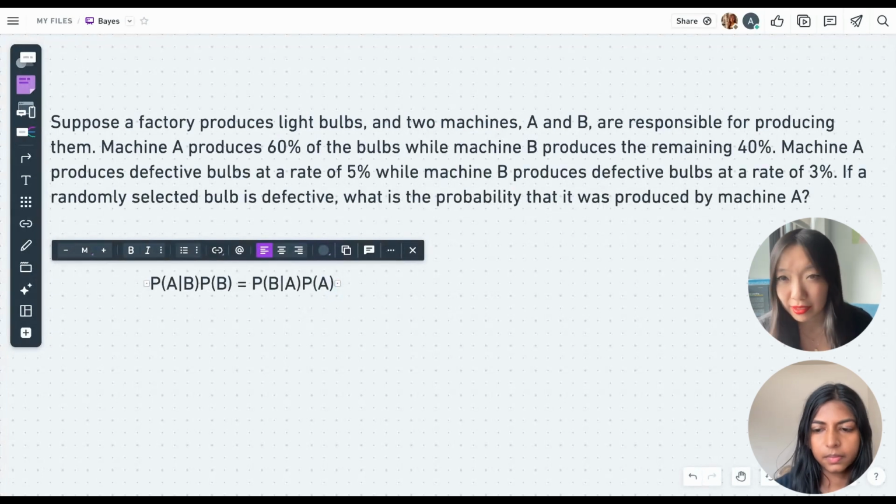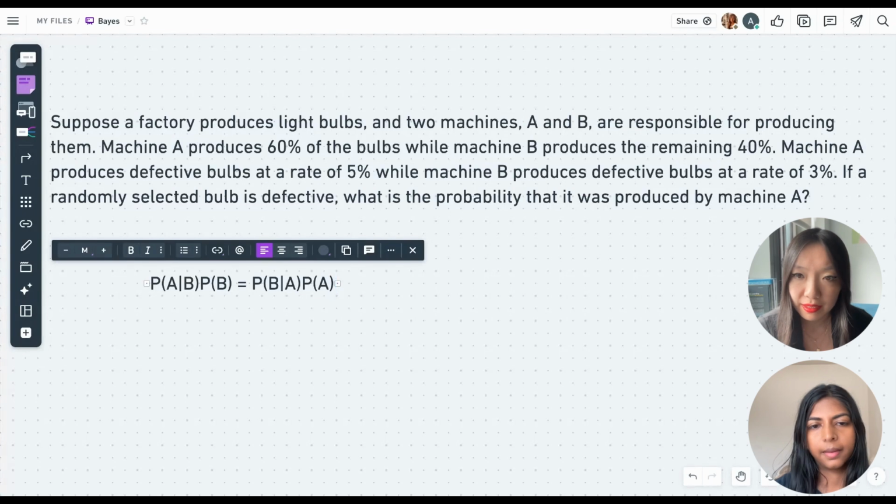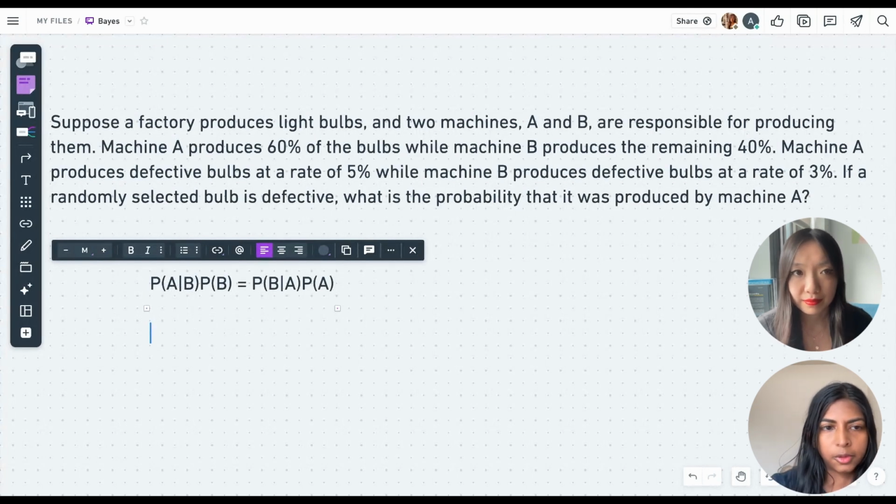And that's just the joint probability, but factorized using the chain rule, right? Yeah. So now that we have the equation written out, I'll fill in each of these conditional probabilities.